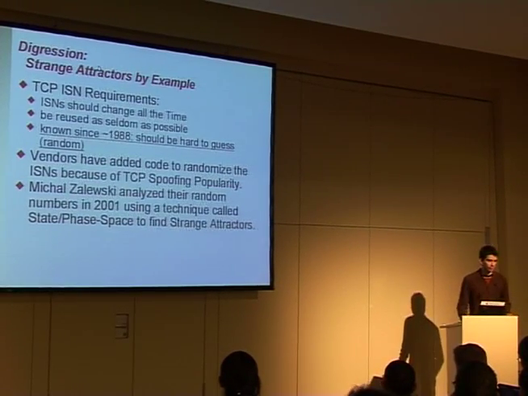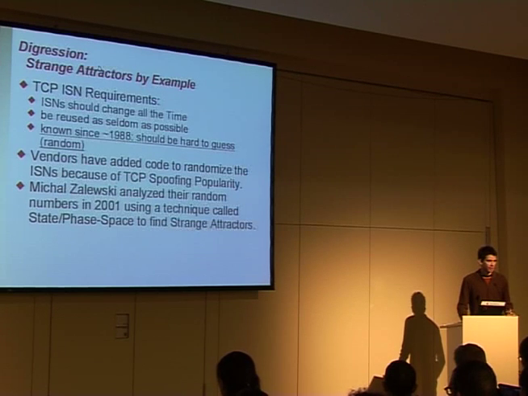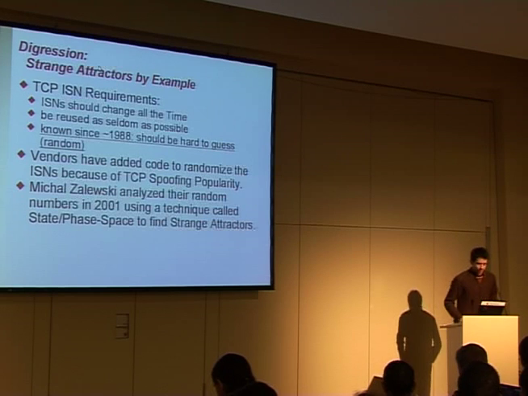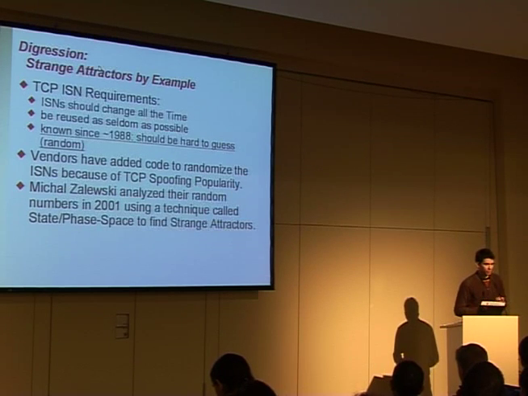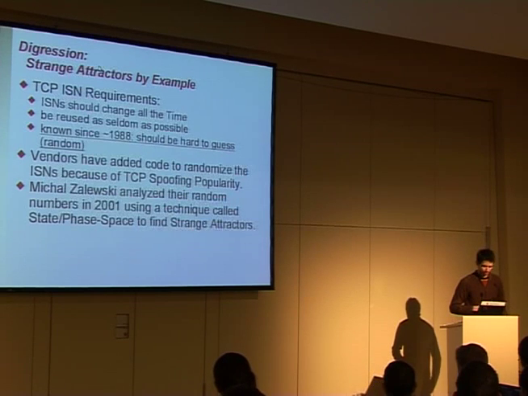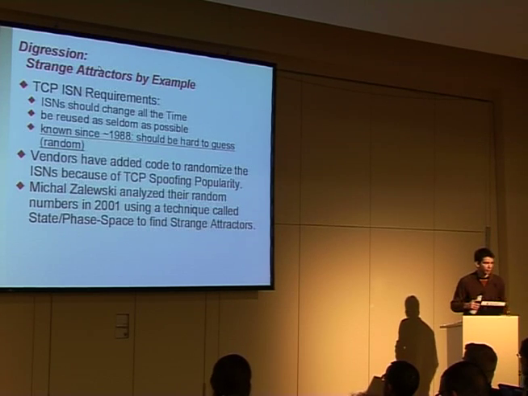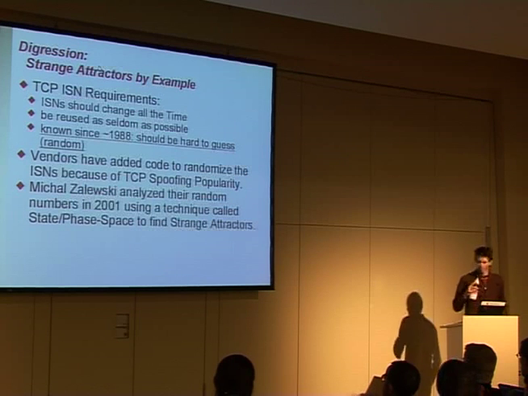The story goes that he broke into the San Diego Supercomputer Center using an IP spoofing attack on a remote shell service. Since then, because this problem became really popular, vendors have added code to make their ISNs more secure, especially since Nmap provided a measure of whether ISNs are secure or not. If you have a measure, vendors are going to try to get better at that measure.